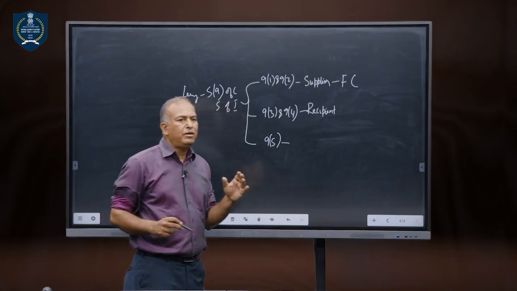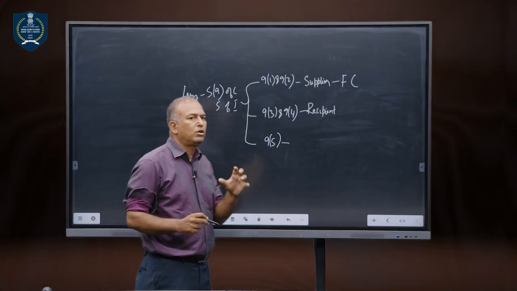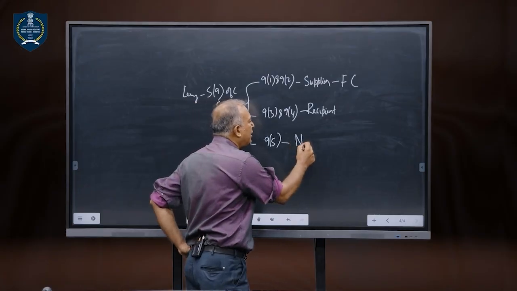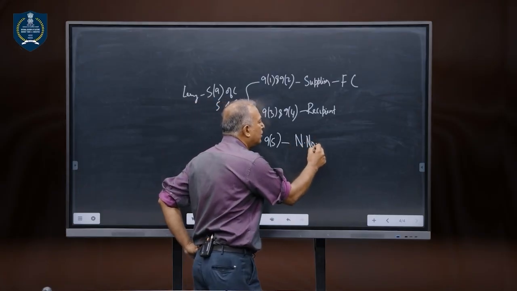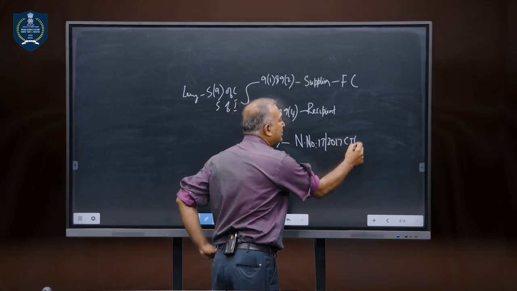Now, 9.5 applies in respect of goods or services supplied through aggregators which are specified under Notification number 17/2017 Central Tax Rate.